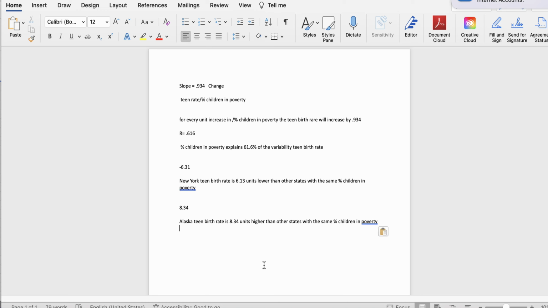So low birth rates are a good thing. High birth rates are not a good thing. So that puts things in a little bit of perspective. So this should have been the change in y divided by the change in x.